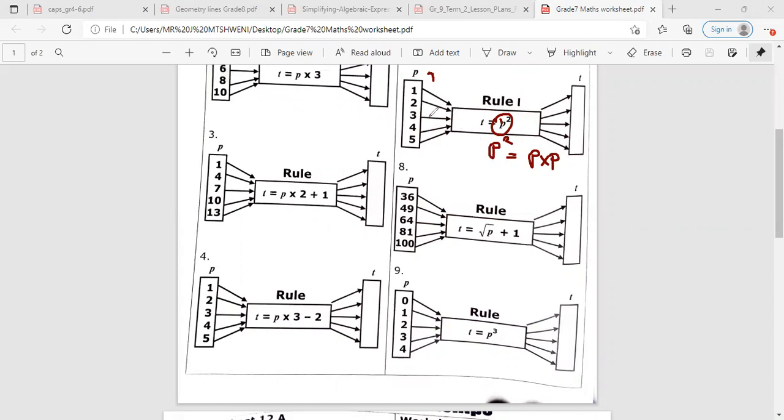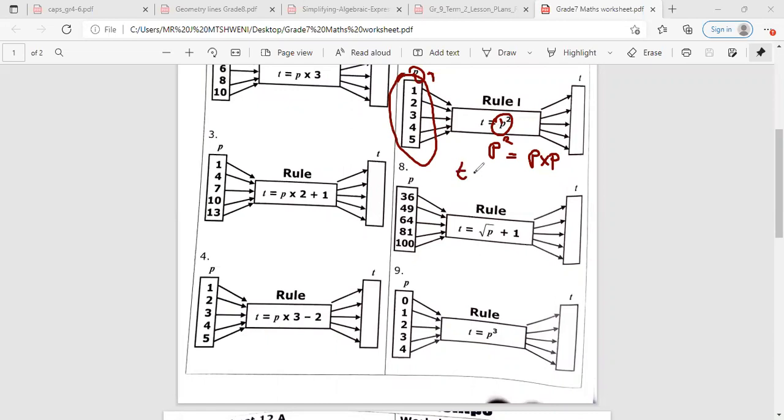In other words, now they're saying t equals p squared. So these values, the whole values on your left, represent p.